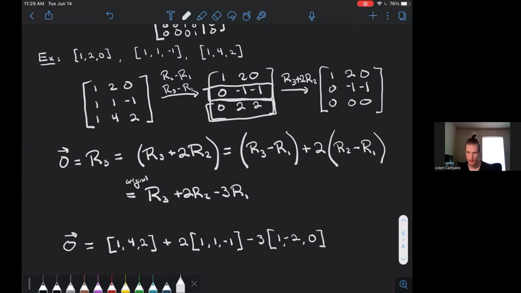And if you check, this is exactly the linear combination that we had before.